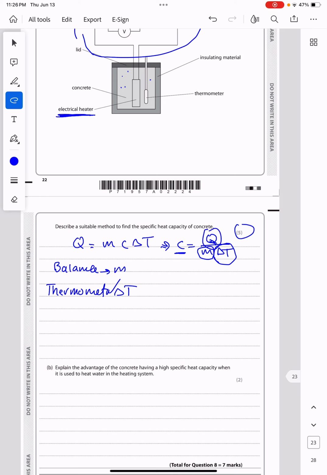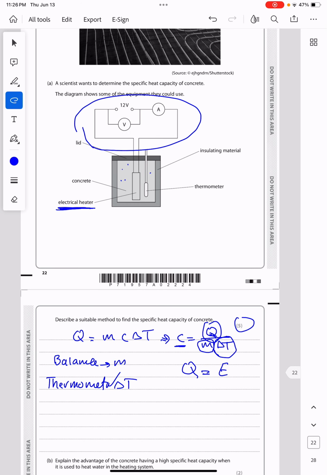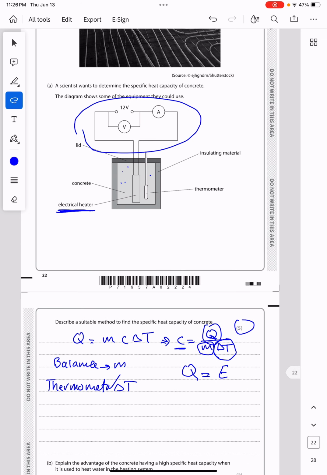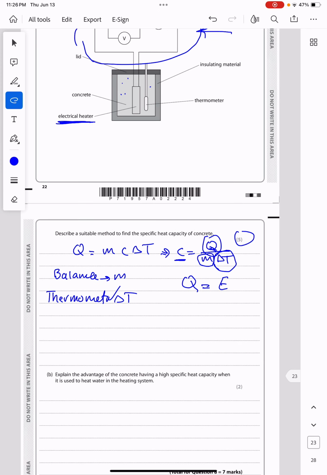Here, the Q. Q is actually energy. Q is just another way of saying thermal energy, so it's the same as E. But here we don't have a fire. What is our source of energy? It is this circuit here. And so we know that power is equal to what?